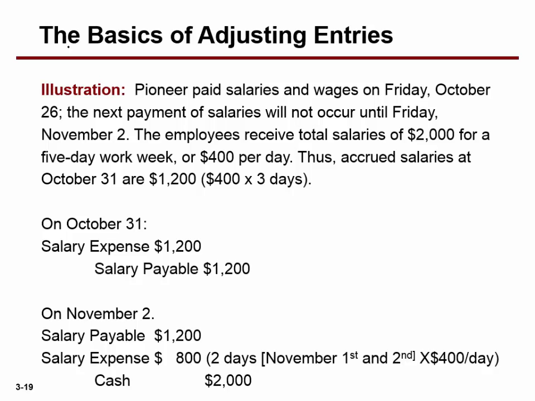We're paying them for the 5 days, 400 each day. Then we debit the salaries payable now, $1,200, because we're now paying them off for the Monday, Tuesday, Wednesday, aren't we? And we go ahead and we debit salary expense, $800 for November, the first 2 days of November, November 1st and November 2nd, $400 a day, right?